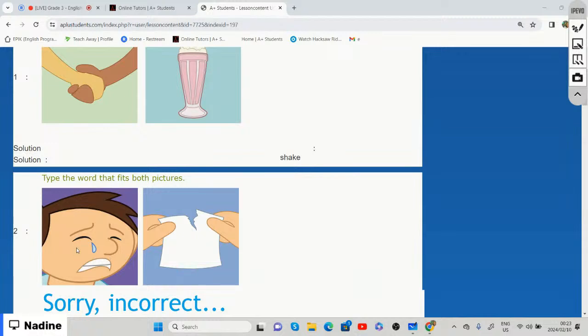So if we look at this first picture, what do we see over there? This little blue drop of water that comes out of our eyes when we cry. So what do we call that? Like when you're about to cry, then they say you have what in your eyes.